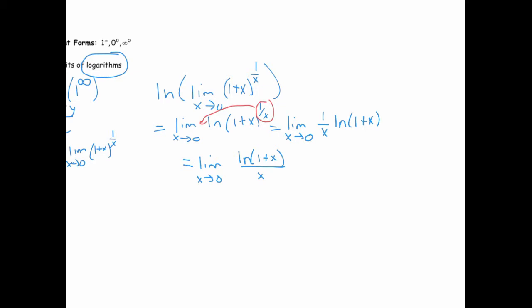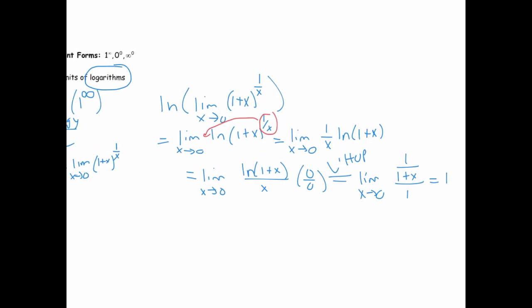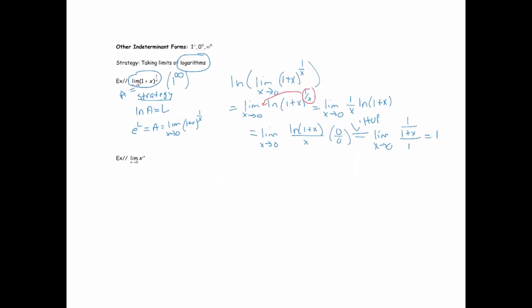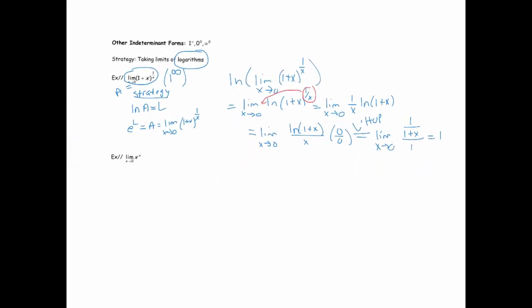And now you can see we have a 0 over 0 form. So we can use L'Hopital's rule. So the derivative of the numerator is 1 over 1 plus x. The derivative of the denominator is 1. And now when I plug in 0, I get 1 over 1 plus 0, divided by 1, which is 1. Alright, so remember that's not our answer, because we just evaluated the natural log of what we want.